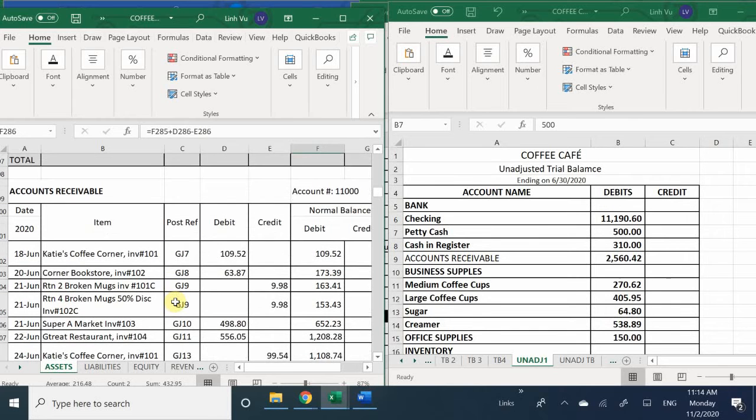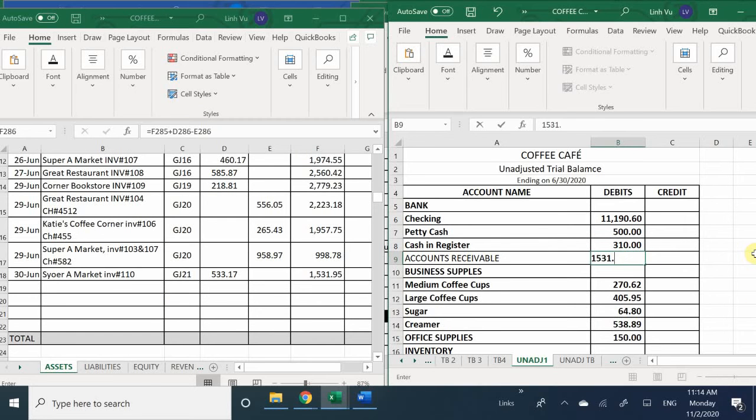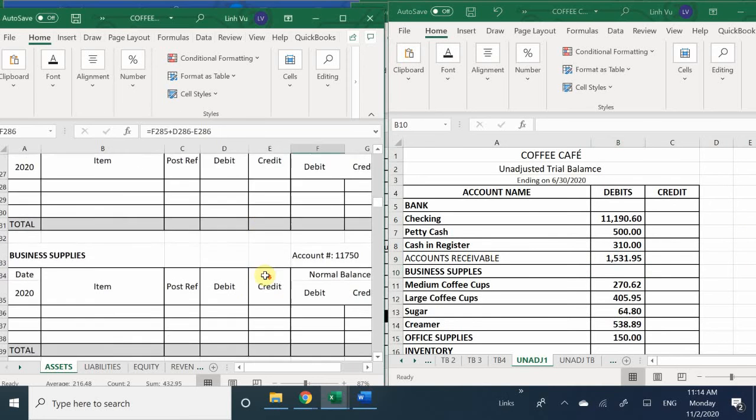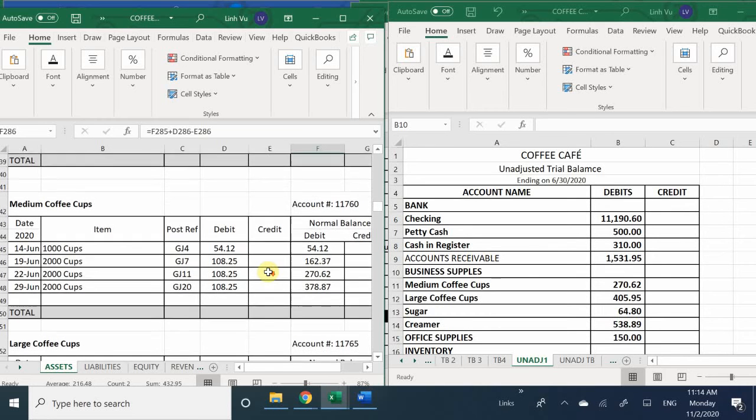Okay. What about our accounts receivable? Yes, we did make a change there. And how much is it now? 1531.95. Okay, good. What about our business supplies? Yes, I think we did make adjustments to our coffee cups.